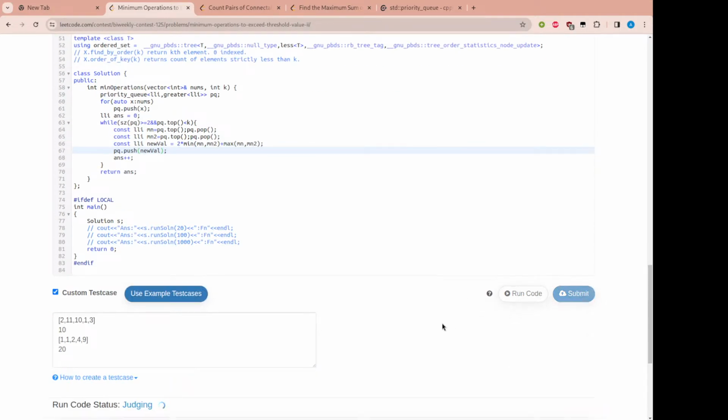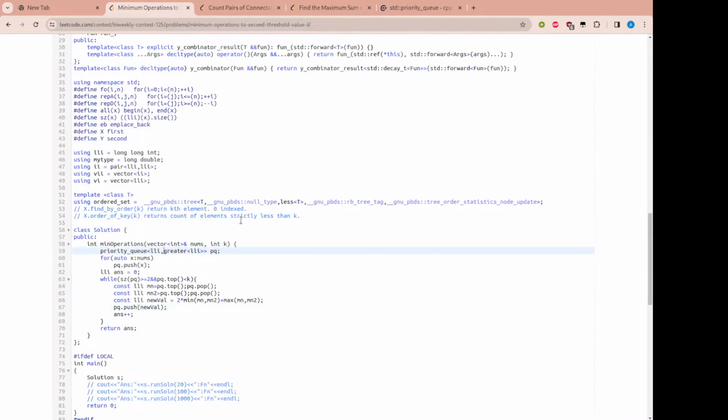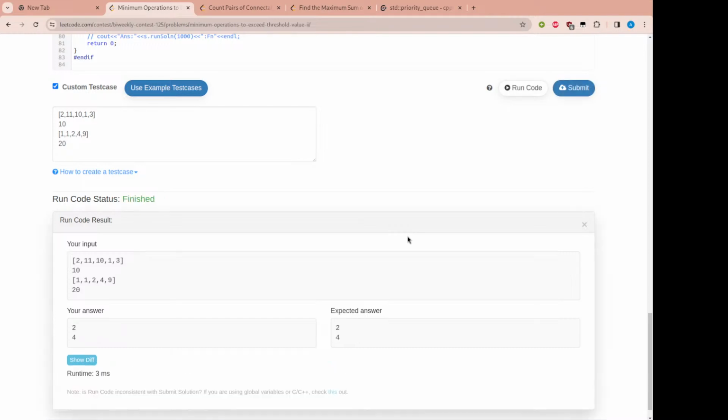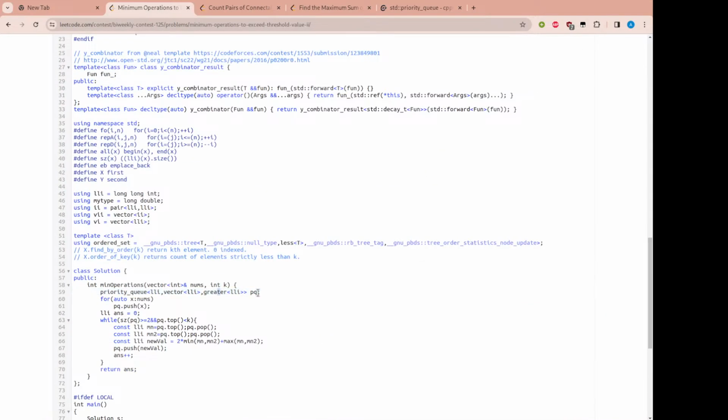This is different from Python and everything. In Python, I believe by default minimum element is returned. So you can change a max priority queue to min priority queue by using this sentence. You can define a custom comparator function and that will take care of it.